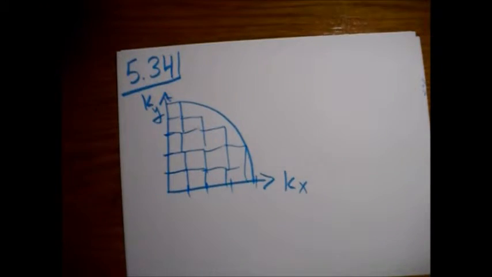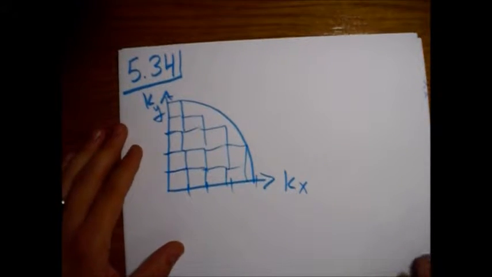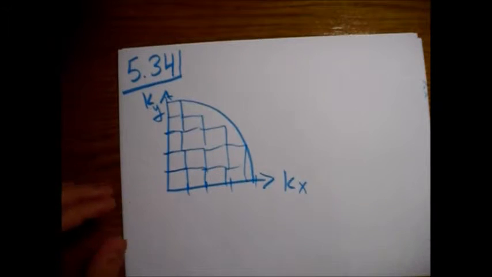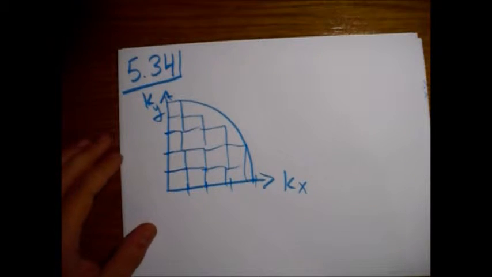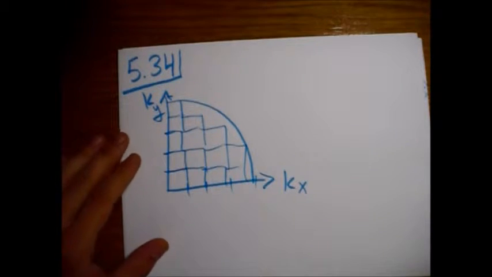So rather than looking at the volume in K space for each one of these states, it's still a 2-dimensional volume, which is an area.